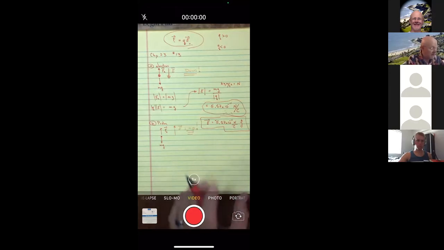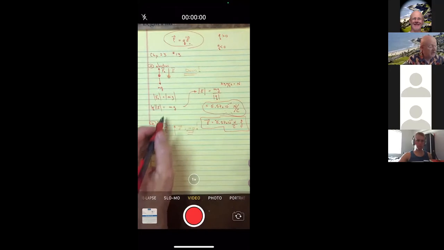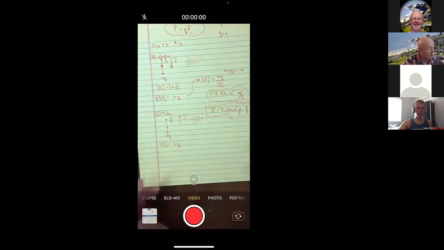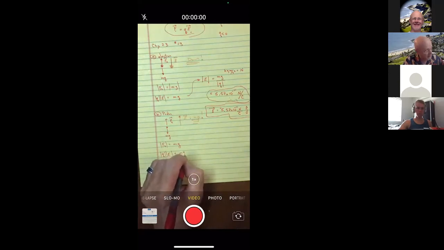Whereas part B would be the same logic. We're going to end up with the same formula. I would say the magnitude of the electrical force has to equal the magnitude of its weight. The magnitude of the electrical force is the magnitude of the charge times the magnitude of the electric field, and that equals mg.